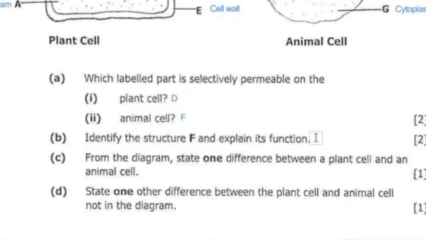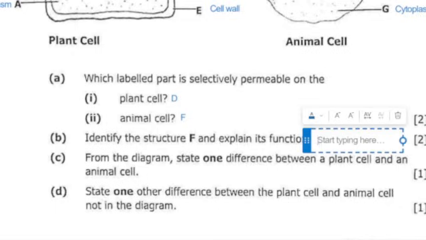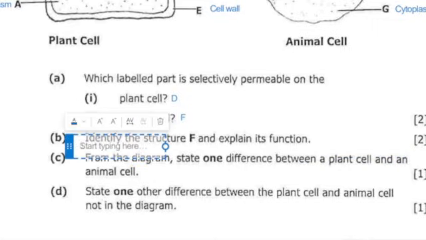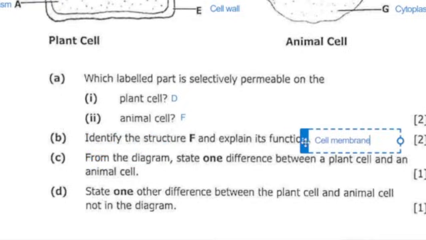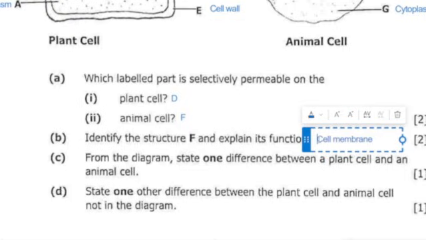So the structure F is cell membrane. Let me just put the name here.